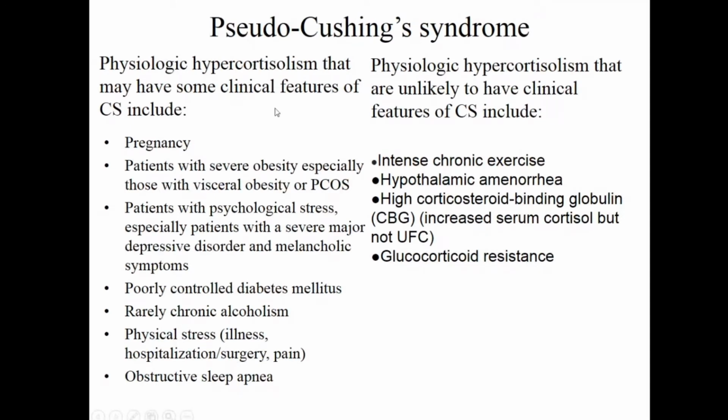We divide pseudo-Cushing syndrome into two categories. One is physiological hypercortisolism that may have some clinical features of Cushing syndrome. Number one is pregnancy. A patient with pregnancy is in a stressful state, so you can have hypercortisolism.